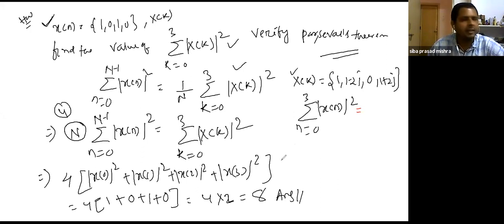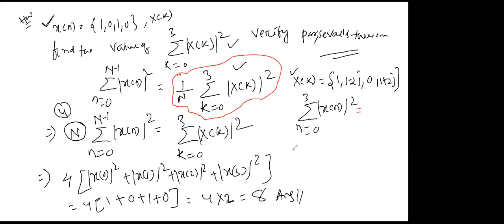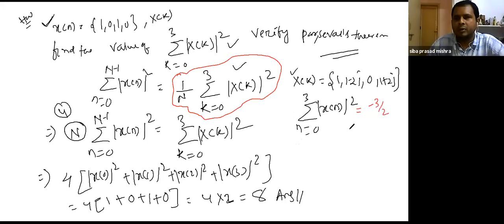Anyone say what is the answer from section A and B? Where is the problem? Formula is written already. Everything is given. Still, where is the problem? Minus 3 by 2, sir. Minus 3 by 2. Okay, we'll verify. See, if you are unable to use the formula also, it's completely a waste.